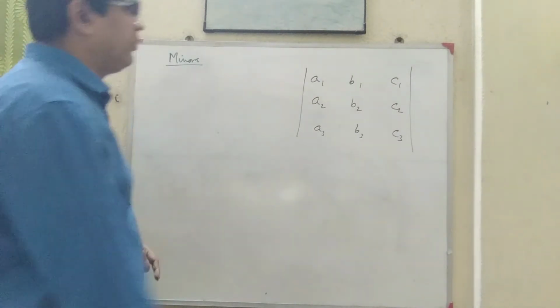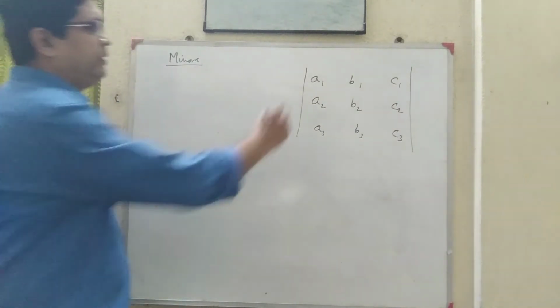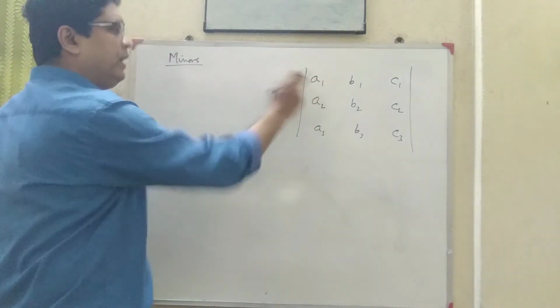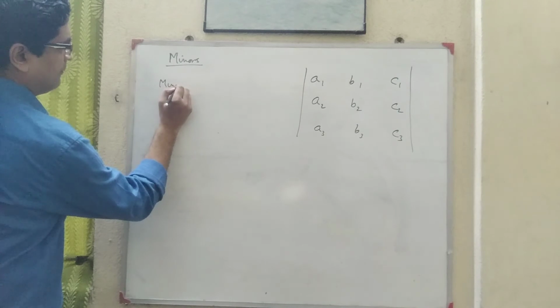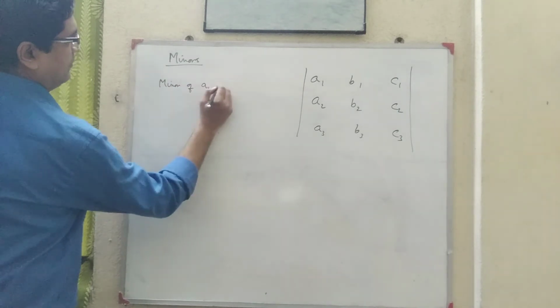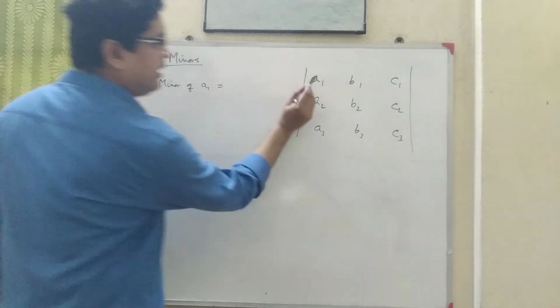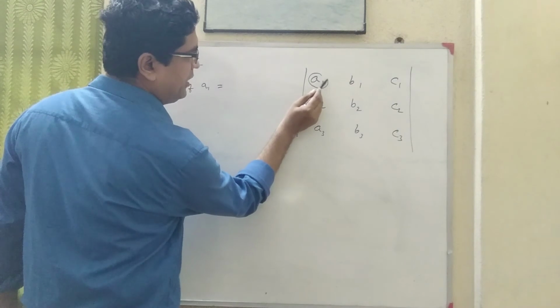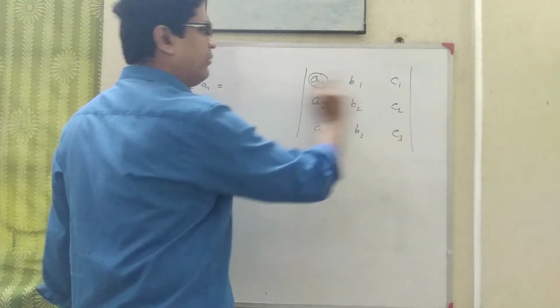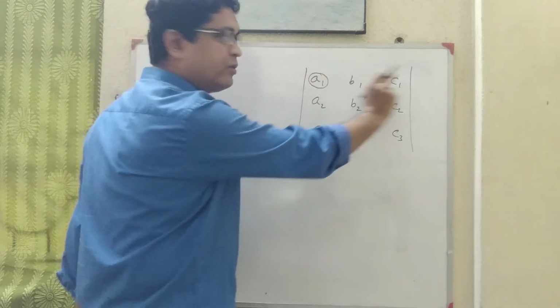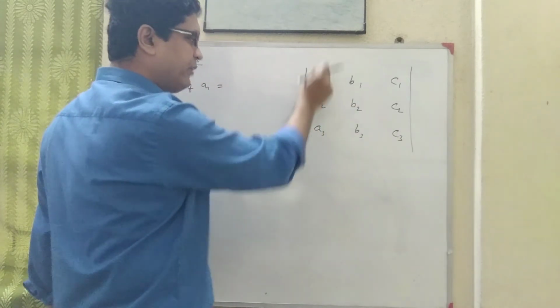Now what is a minor? Suppose the element A1. The minor of this element A1 will be, look at this first row, A1 lies in the first row and also A1 lies in the first column.